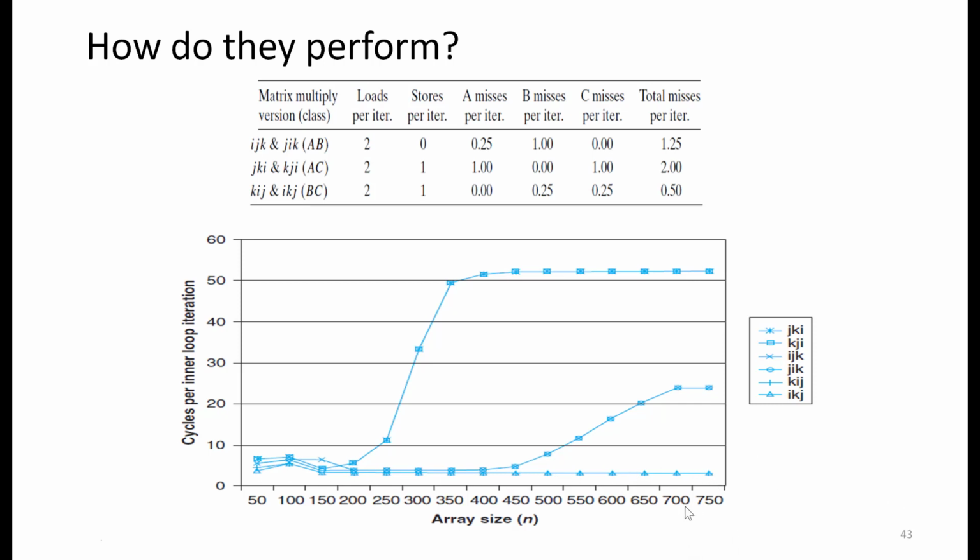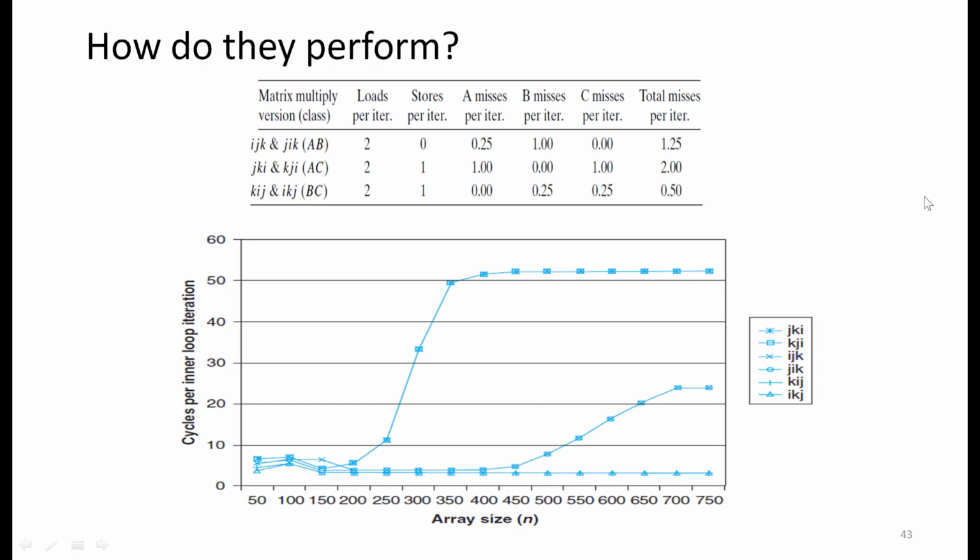Now if we consider a matrix size of, let's say, 750, and let's say the best optimizations are taking somewhere between 4 and 5 cycles, and the worst versions were taking somewhere between 50 to 55 cycles, we have already achieved 11 times improvement in the performance, and here somewhere 4 to 5 times when compared to the IJK and JIK loop.